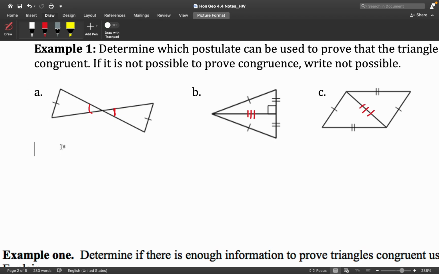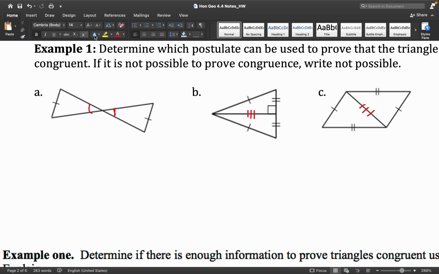And what I'm looking for is, do I have two sides and an included angle? Well, here all I have is an angle pair and a pair of sides. So that doesn't help me. This one does not have enough information. All I have is one angle and one side.